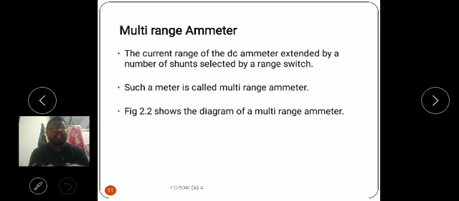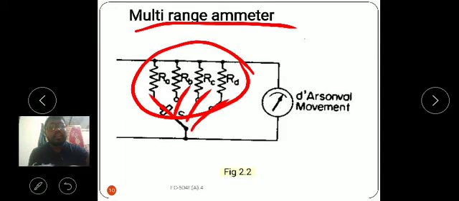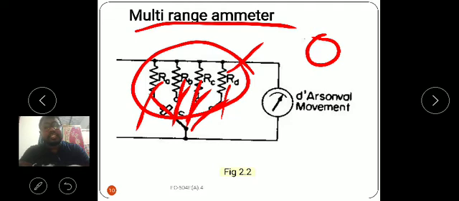With the multi-range ammeter, the current range of the DC ammeter is extended by the number of shunts selected by the range switch. For example, we require an ammeter range of, say, 2 milliamps of current. Then we select the particular resistor. Here we have RA, RB, RC, RD, four different resistors. The DC ammeter range can be decided by the particular shunt resistor.